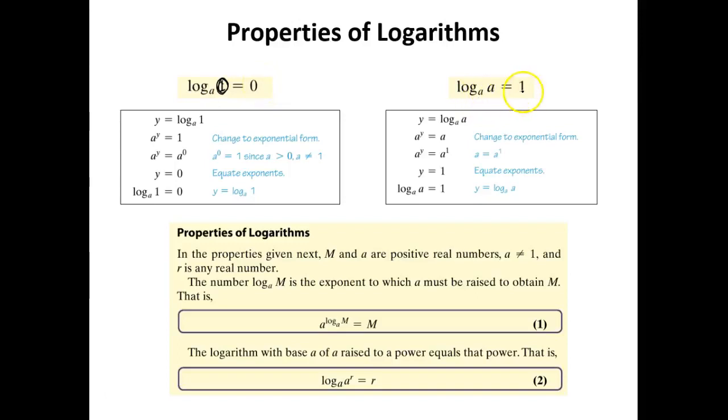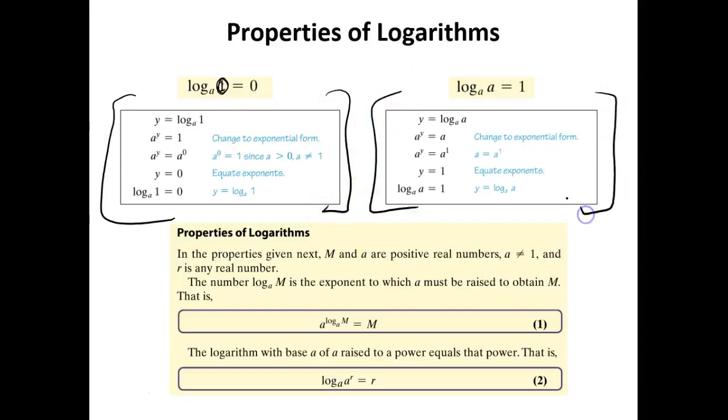Log base a of a is equal to 1. That's because a to what power would give you a? Well, a to the first gives you a. And right down here, you can pause this and look at these parts for yourself. These are just showing you why these first two properties exist.